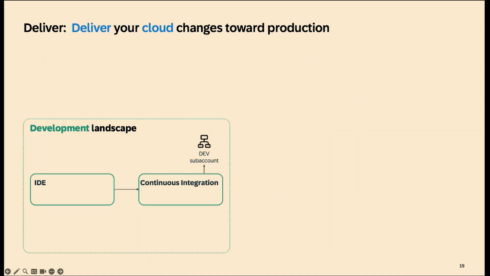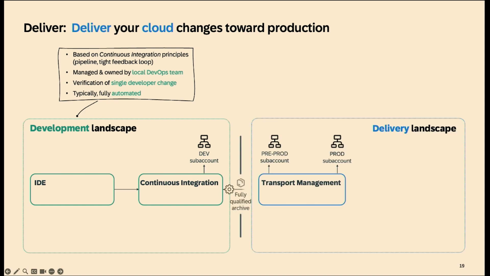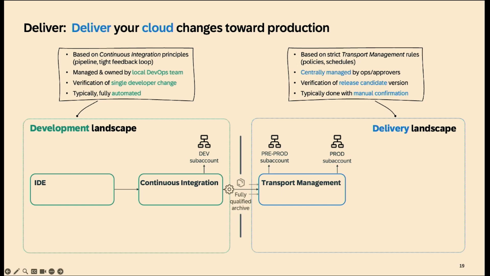It means that the development landscape, the dev, is managed by the DevOps team, so it's a single change from the developers. And when it moves to the prod or the pre-prod, then we move to another model. Then we have rules to transport, which are actually driven by the Transport Management System and SAP Cloud ALM.